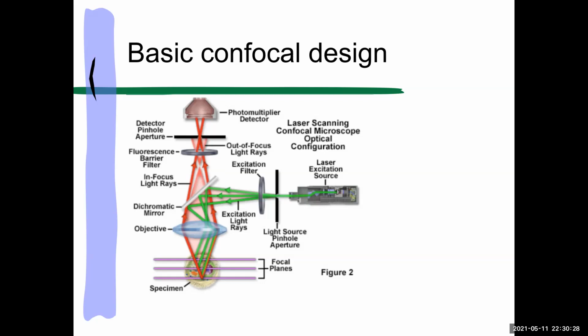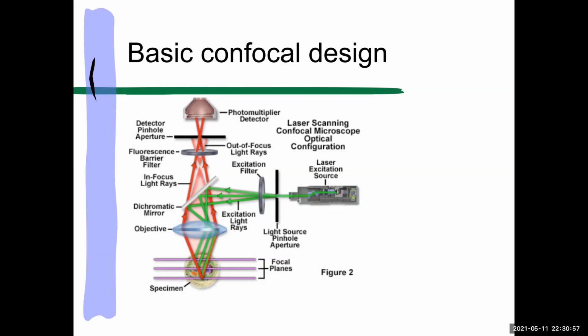Those other 2 focal planes are out of focus light that you want to reject. And the way that they've drawn them on here, don't worry about the excitation light rays on this diagram that are in green. But if you can kind of follow it, you see that there's another red crisscross that has the name out of focus light rays.